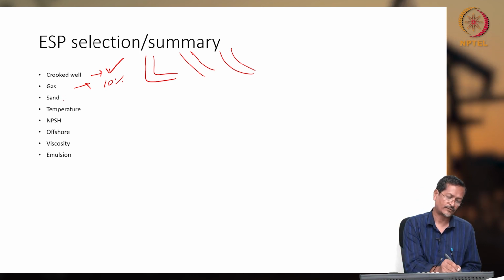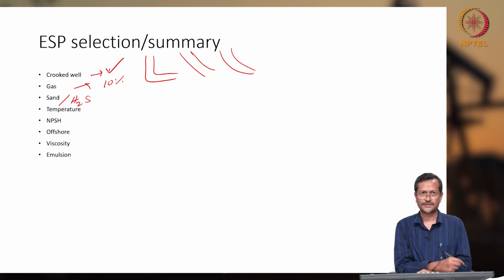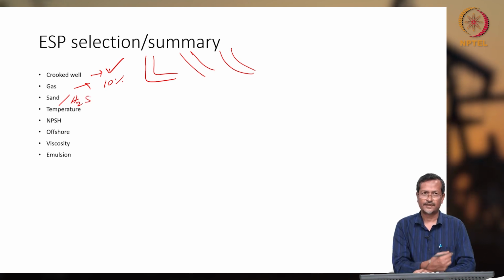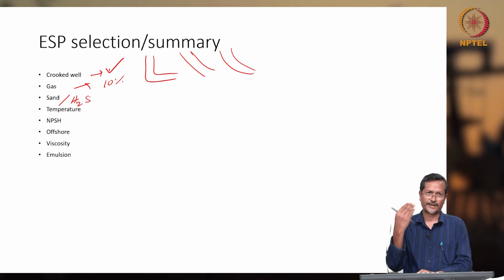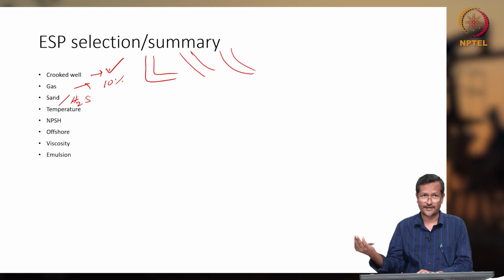H2S is again one problem. H2S means corrosive gas, very highly corrosive. If you have highly corrosive gas and sand also, the corrosive gas will react on the metal surface and create a corrosive compound.